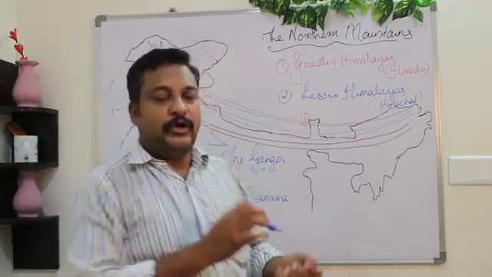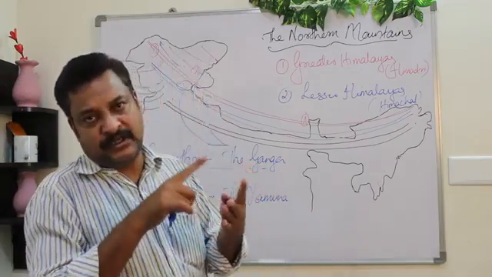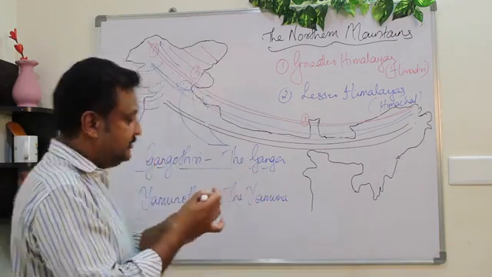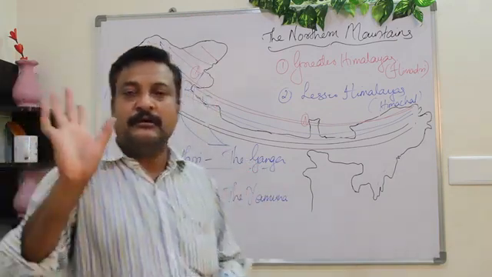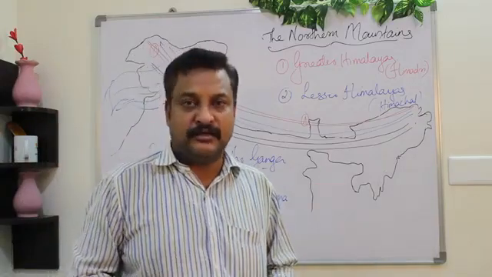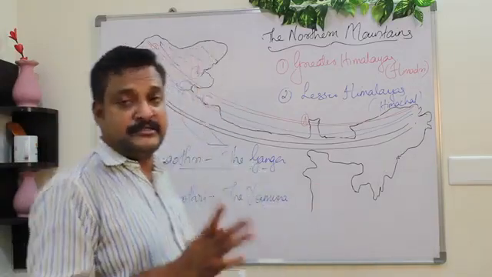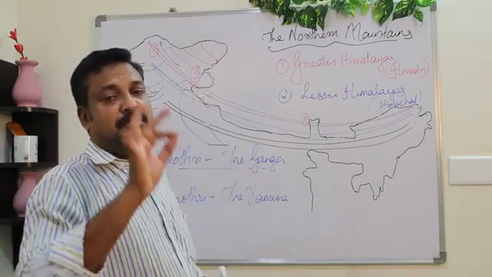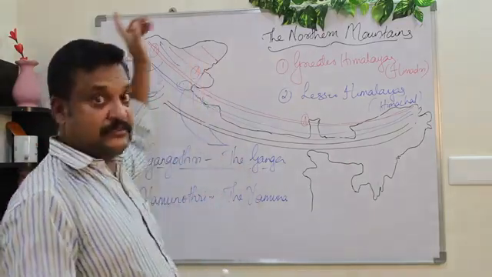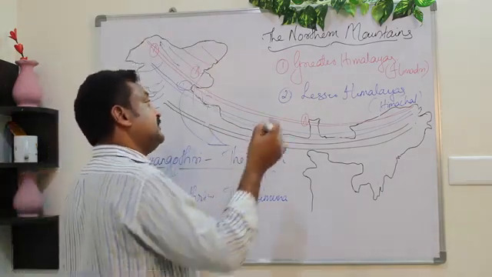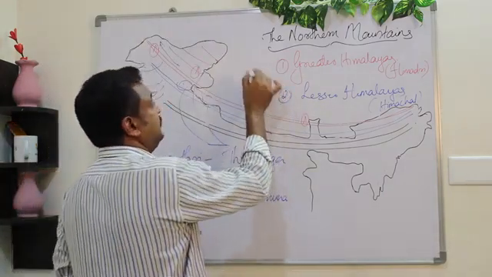Okay, so Indus, Jhelum, Chenab, Ravi and Satluj are west flowing rivers from Greater Himalayas, whereas there is another river which originates somewhere here.